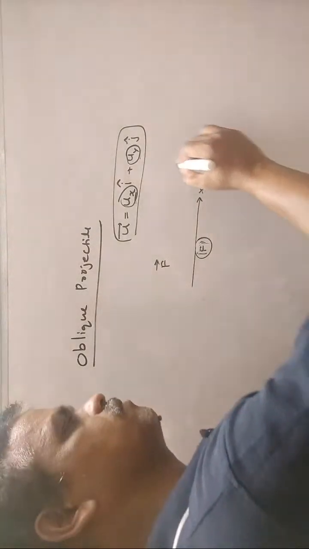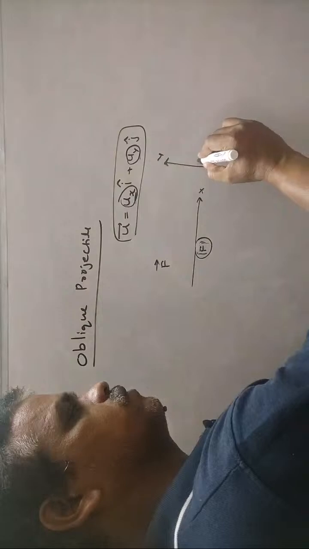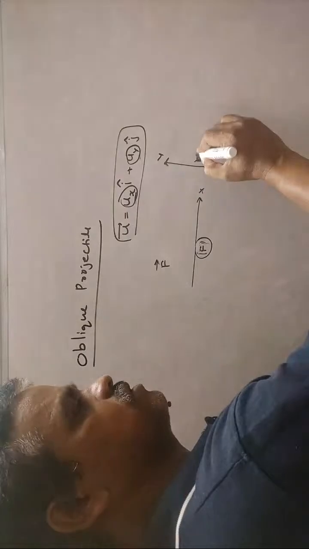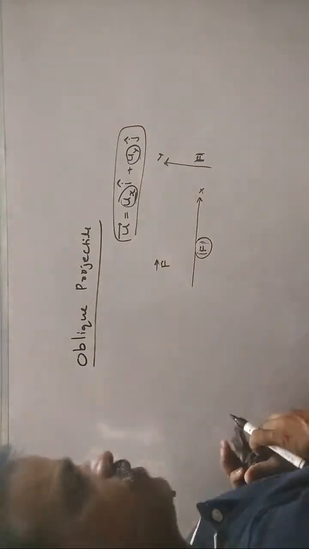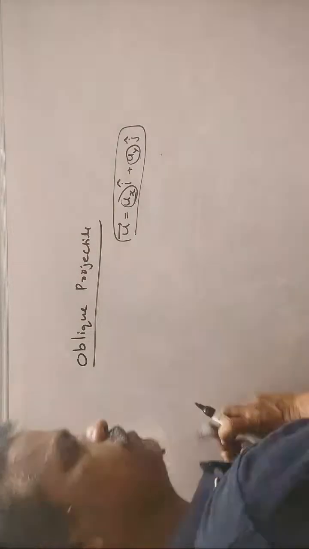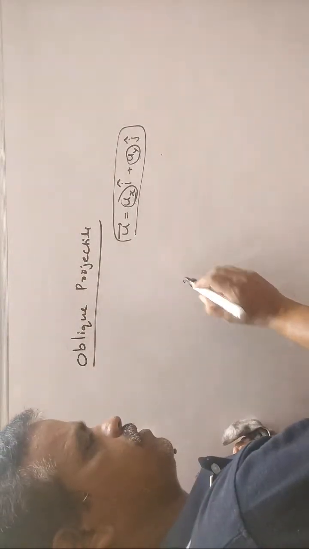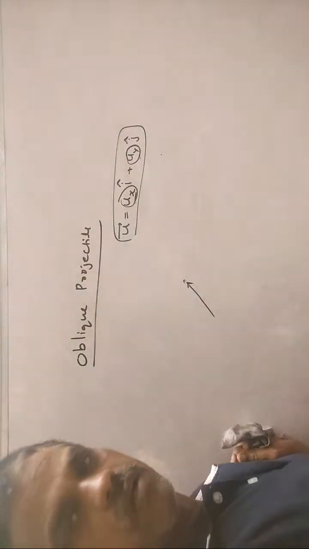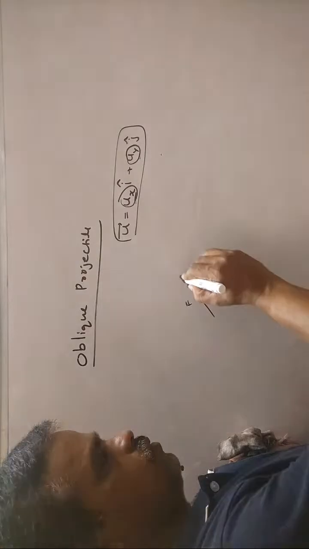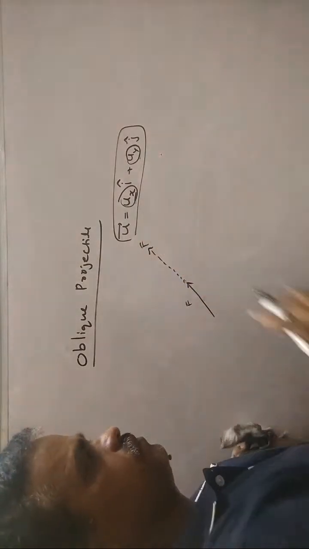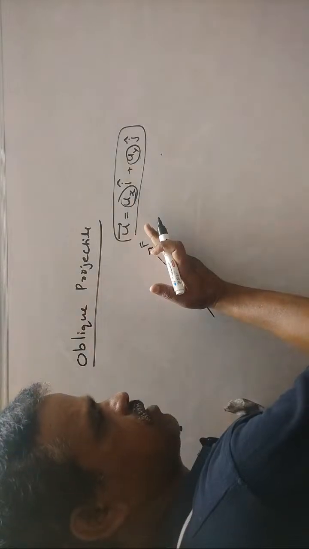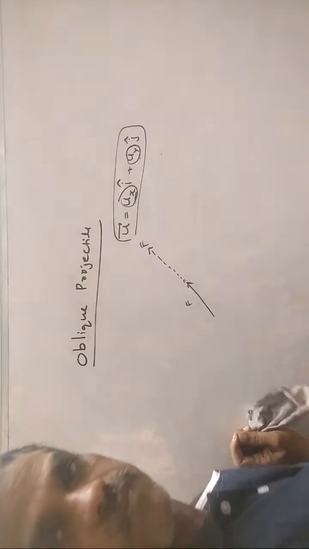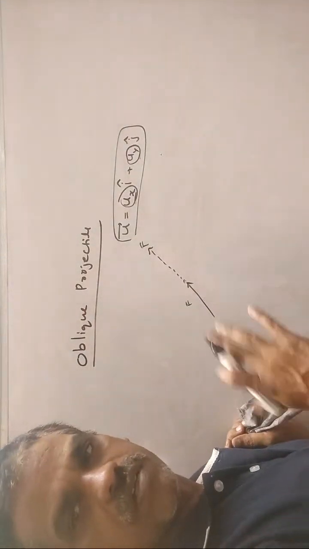If the force is acting along the y-axis, the magnitude of force is f. But if the force is acting along this direction, not in the direction of the x-axis and not in the direction of the y-axis, you just need to understand what a vector is.